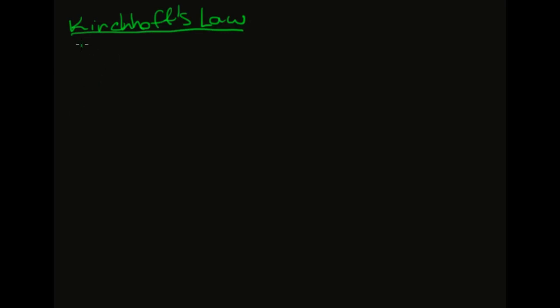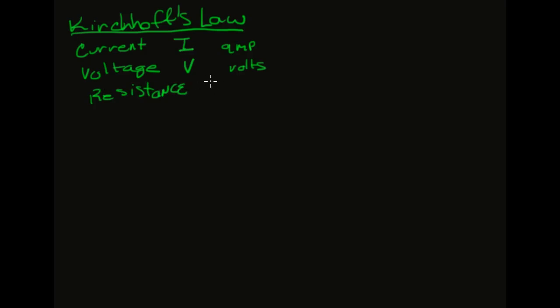You tend to have a weight for current, which is usually labeled as I. This is measured in amperes or amps. You have a weight for voltage, which is labeled V, which is usually measured in volts. And then you have a weight for resistance, which is usually R, which is measured in ohms, okay?